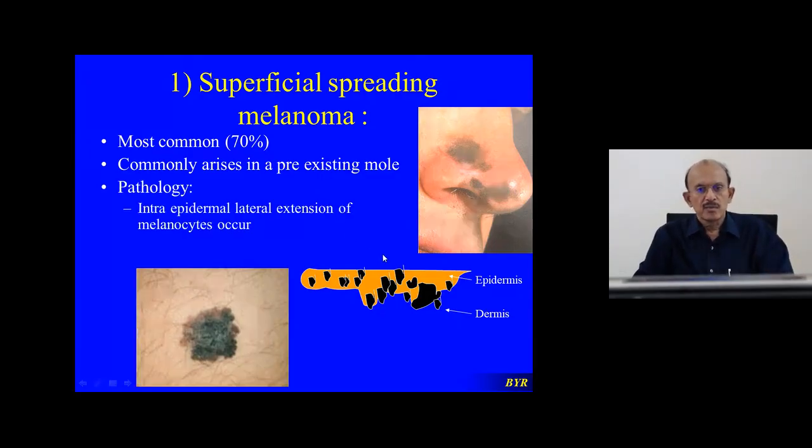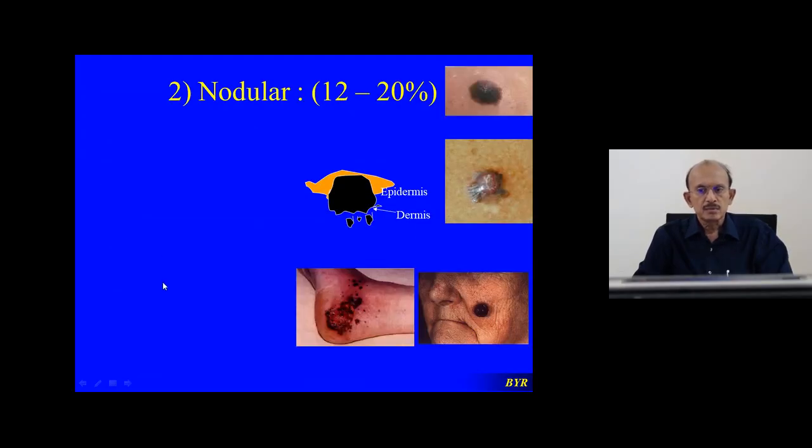Pathology: intraepidermal lateral extension of melanocytes occurs. So there will be intraepidermal extension, not in the dermis. It may occur anywhere on the body. The second variety is called the nodular variety.